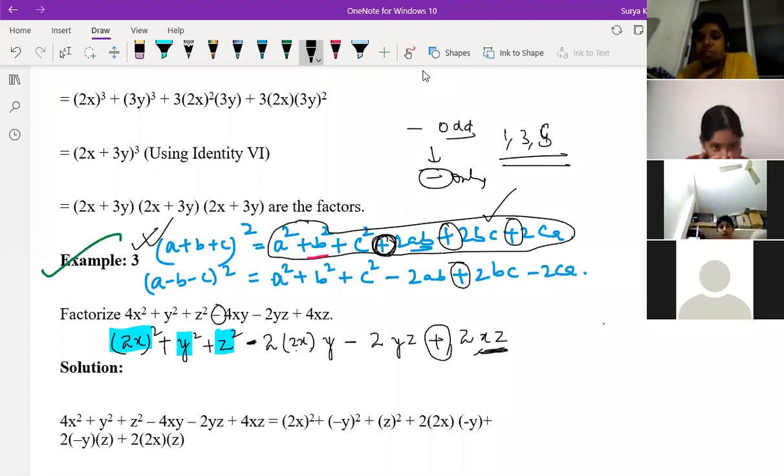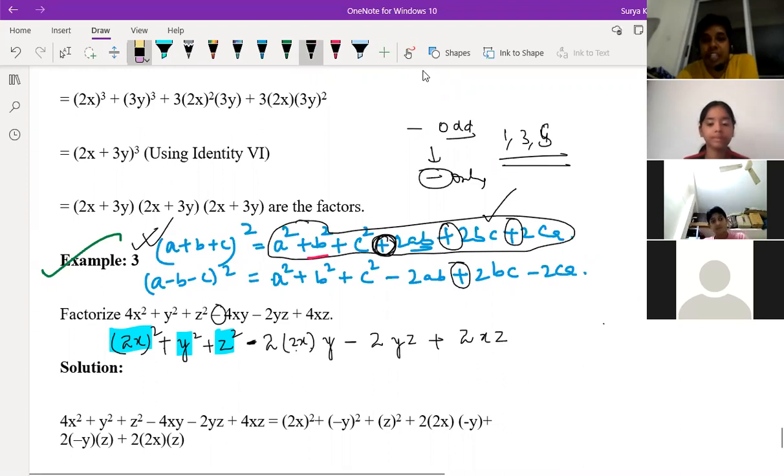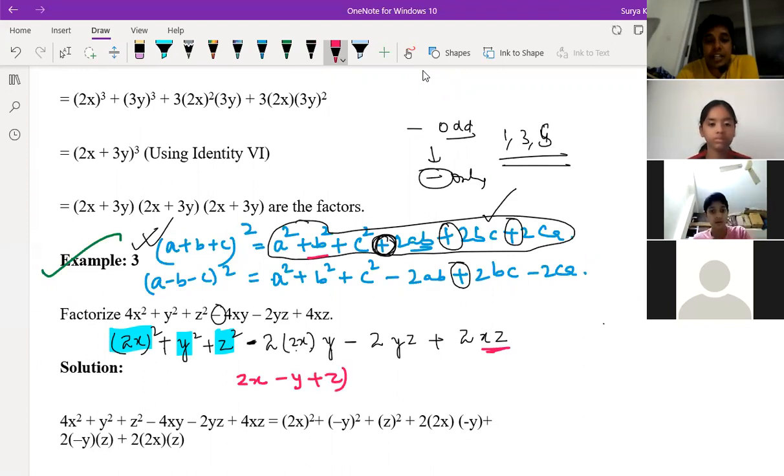Where xz is positive, it means either x and z are both negative or both positive. Is it clear, Shriyanvi? So here, if x and z are negative, what answer will come? (2x minus y plus z) whole square.